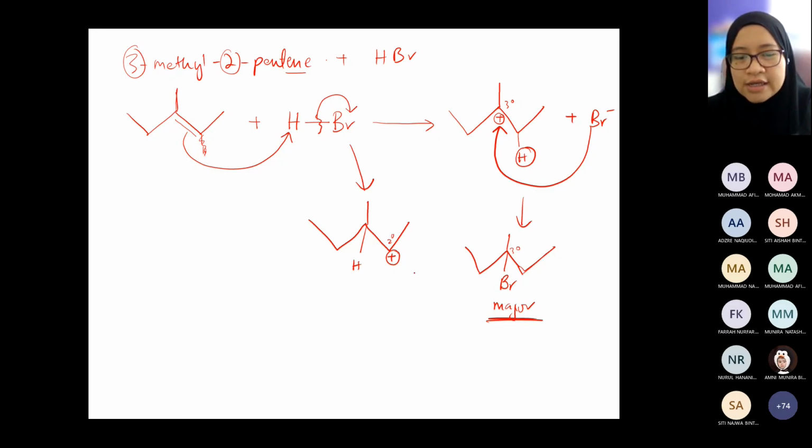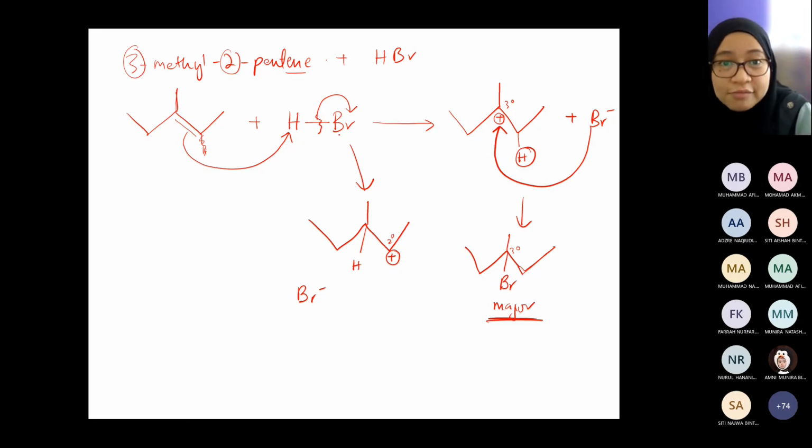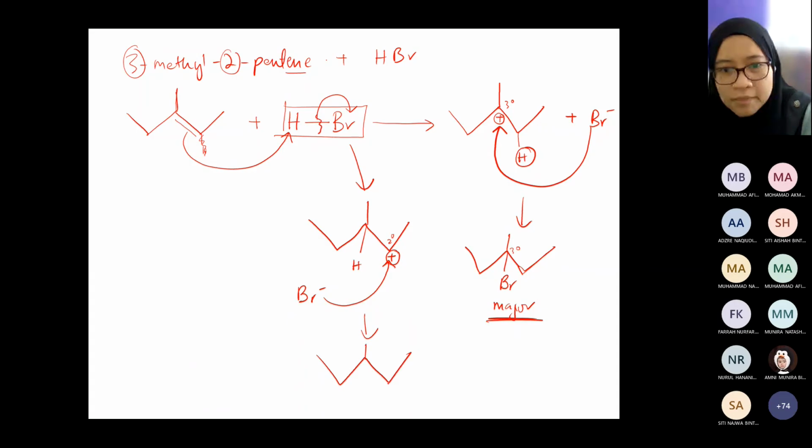Okay, and then we react with Br minus. Br minus is the nucleophile that is produced from this cleavage. So it will attack this carbocation and attach itself to this one.